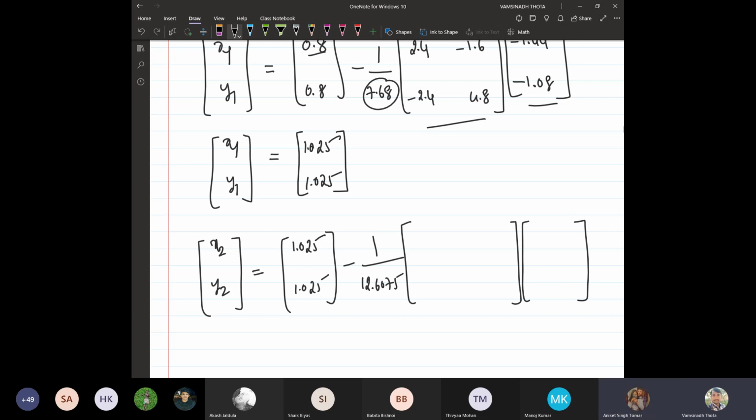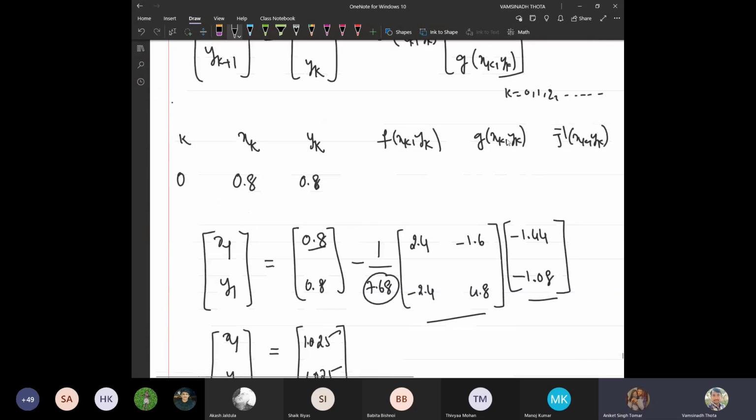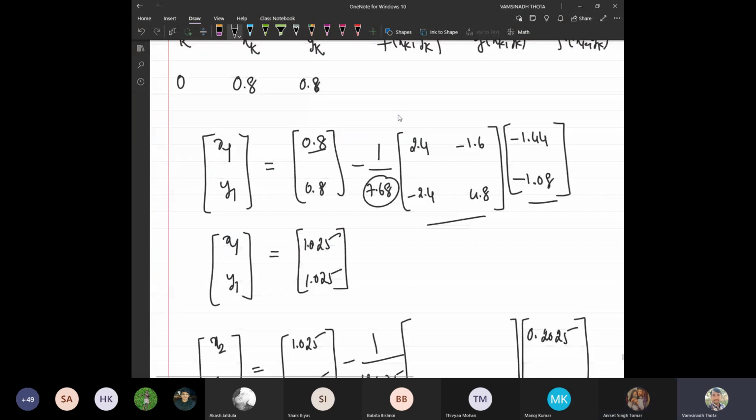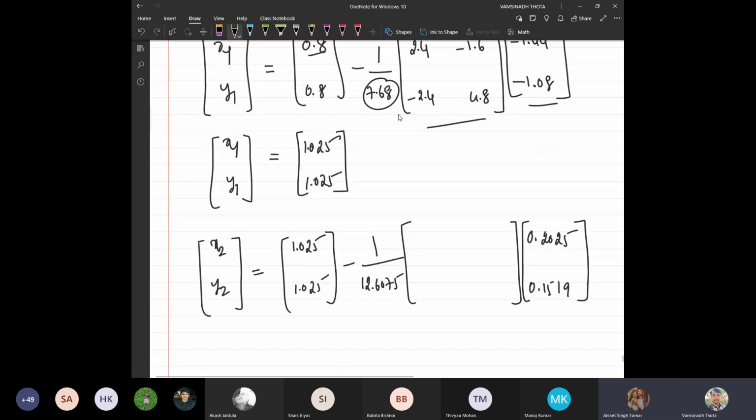So that is given to be 0.2025 for f. If you evaluate, for the function g you will get 0.1519. And similarly, now again let us fill the matrix. So 1 upon the determinant of J we have written. Now x plus 2y, so 3 times this one means 3.075.